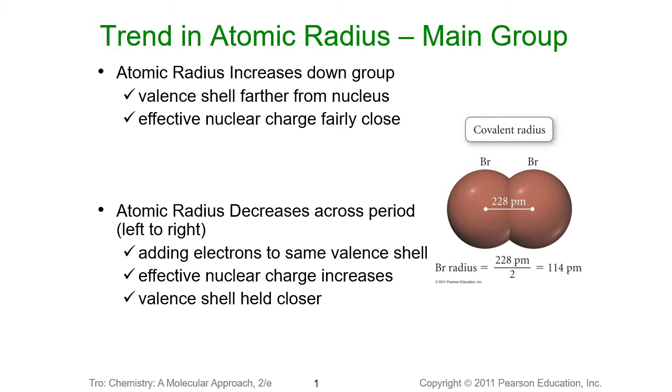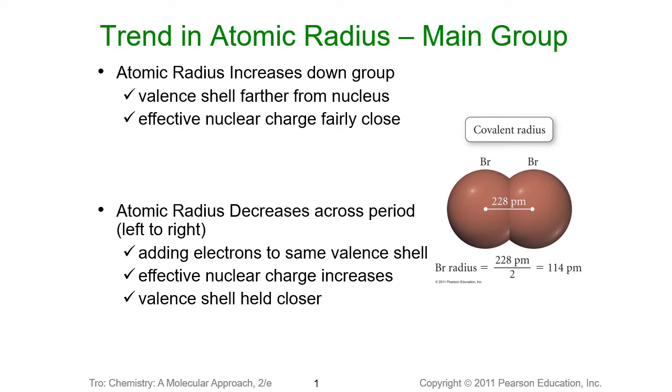However, as we go from left to right, counterintuitively, it actually gets smaller. As we add electrons going to the right, we are also adding protons. And because we're adding protons, there's a greater attraction of those electrons to the nucleus.